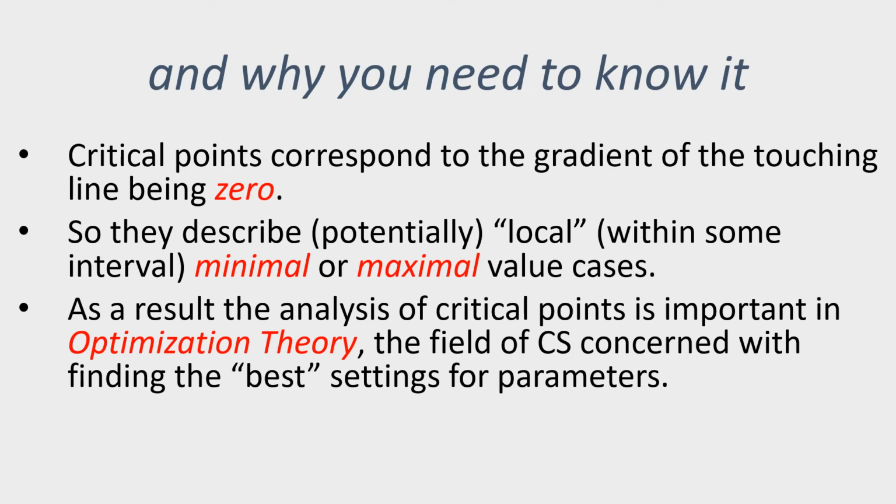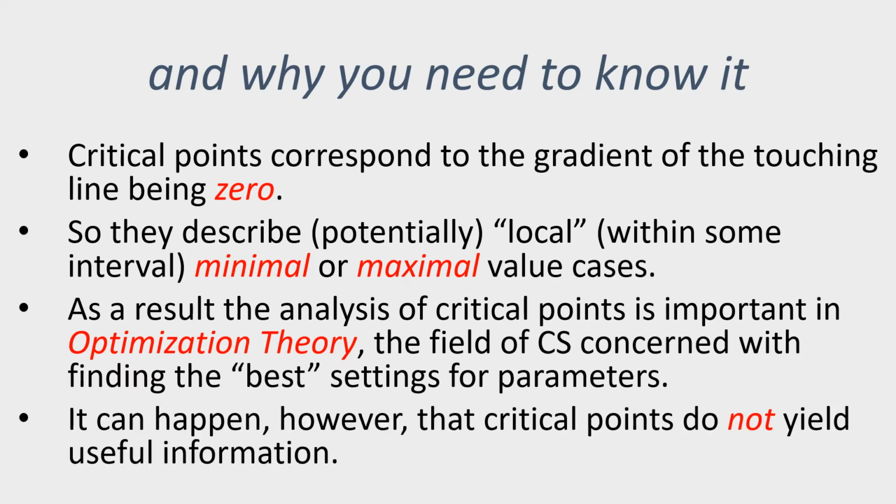As a result, this notion of first derivative, this notion of critical point, is central to a subject called optimization theory. This is the field of computer science which is concerned with finding the best settings for different parameters. It can happen that sometimes critical points don't yield useful information.